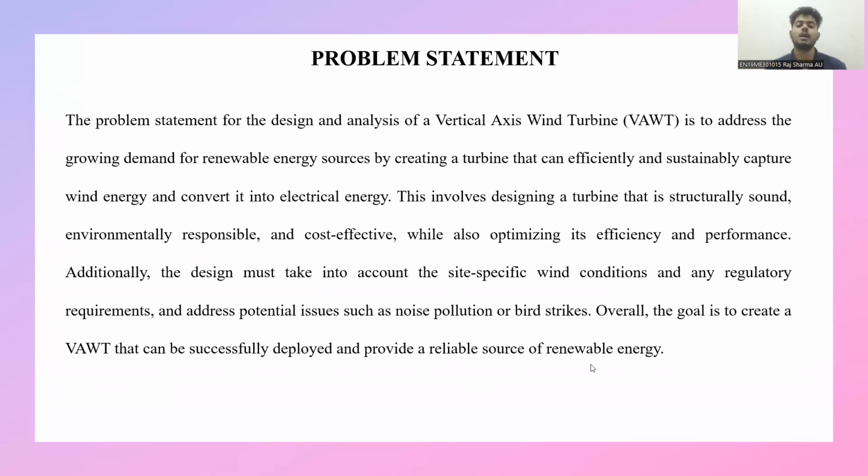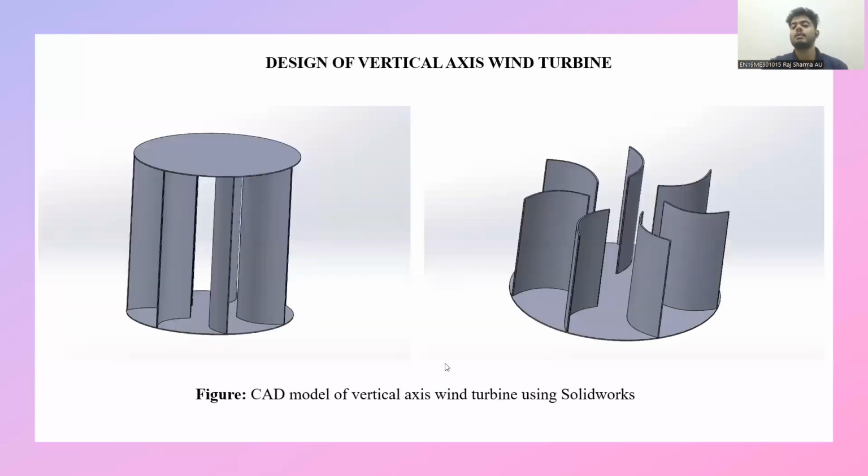Additionally, the design must take into account the site-specific wind conditions and any regulatory requirements, and address potential issues such as noise pollution or bird strike. Overall, the goal is to create a vertical axis wind turbine that can be successfully deployed and provide a reliable source of renewable energy. So, what is the design?